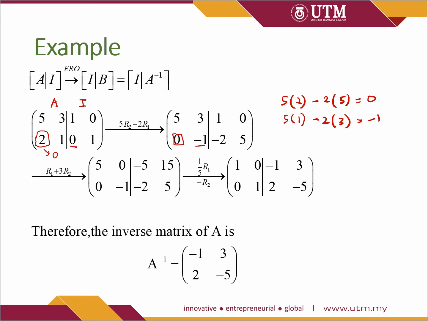So here will be 5 times 0 minus 2 times row 1, which is 1. Here we have negative 2. And the last column, which is the fourth column, will be 5 times 1 minus 2 multiplied by row 1, which is 0. So here we have 5. So now we have completed the second row.